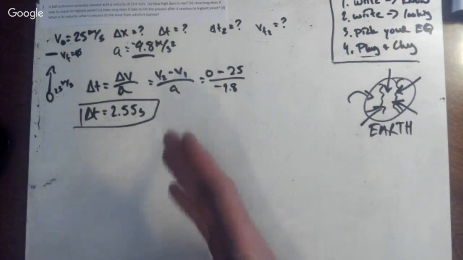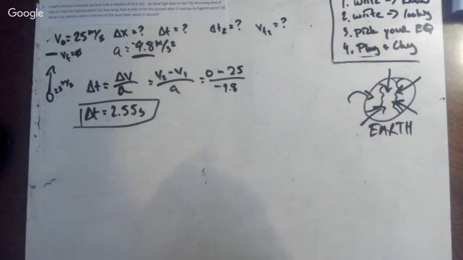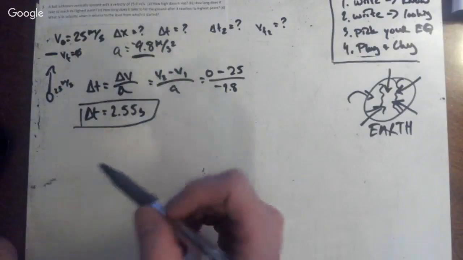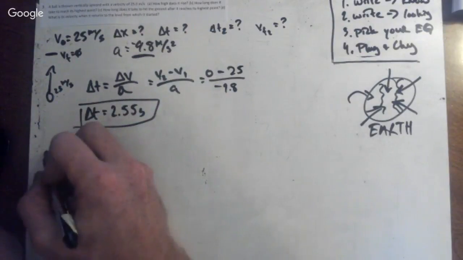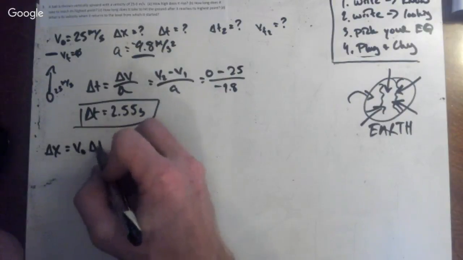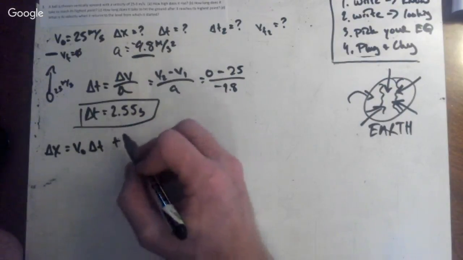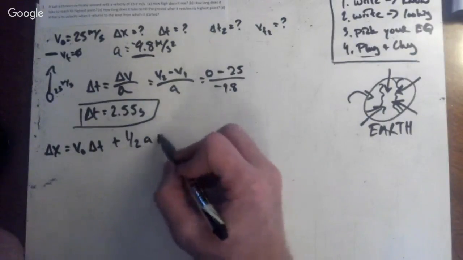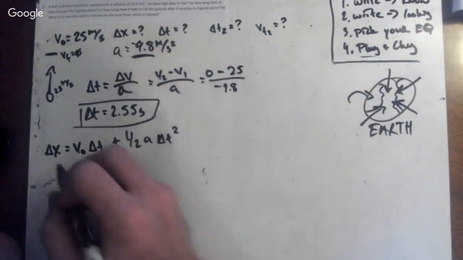Okay, so we have a time of 2.55 seconds. And now, because we know that, we can use our long form equation for delta x over here. So delta x equals initial velocity multiplied by time plus 1/2 acceleration times time squared.